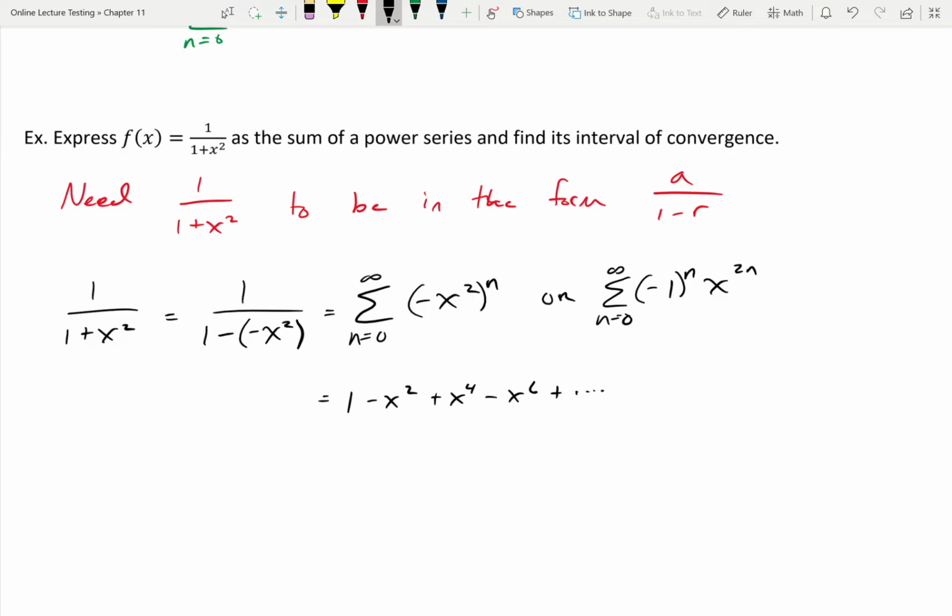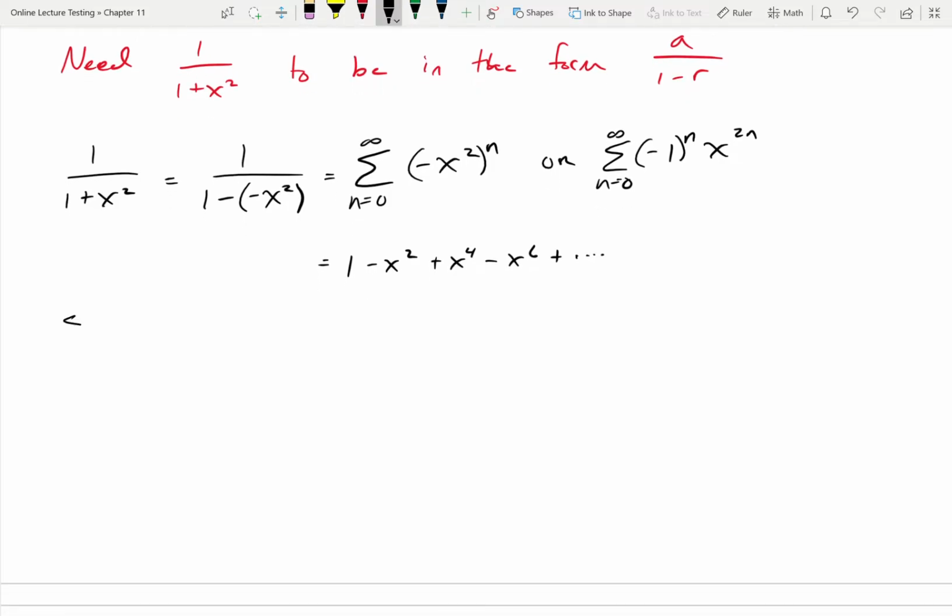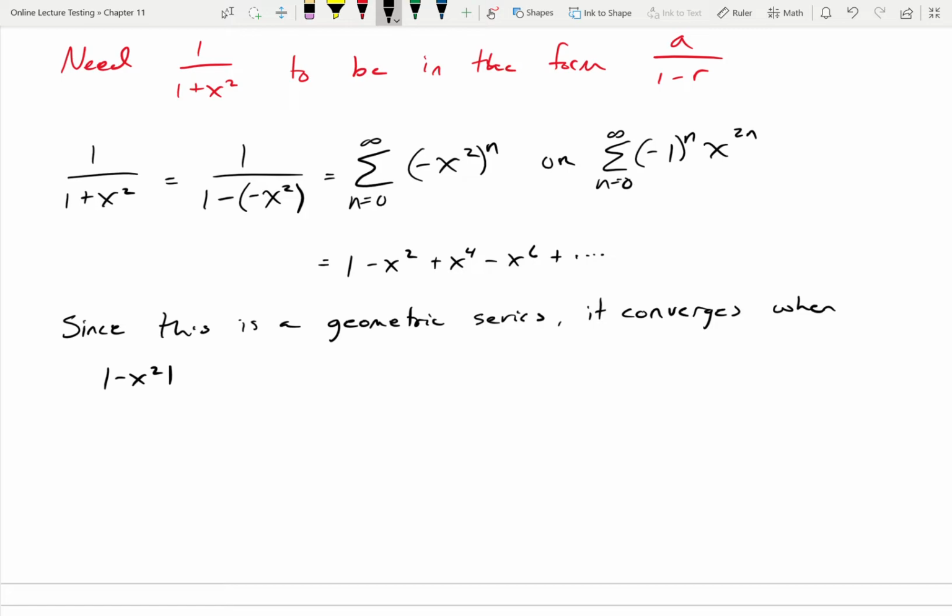So this is why I said find its interval of convergence, because this is only true where this converges. For what values of x does this converge? Since this is a geometric series, we get to use some properties for us. It converges when the absolute value of negative x squared, so this is our r, is less than 1.